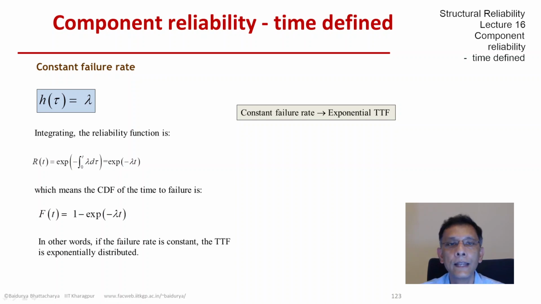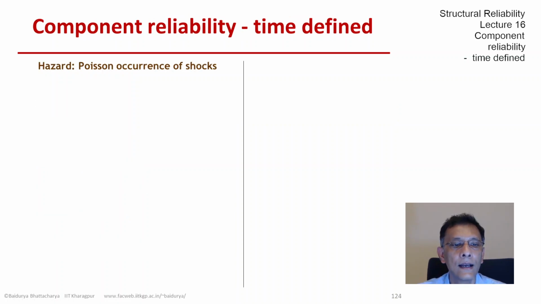So to summarize, if there is a constant failure rate for an item, the time to failure is exponentially distributed. Now let us proceed with this idea. So let us look at a series of these exponential times to failure, and we have looked at this in the previous lecture where we had a Poisson process, occurrence of shocks.